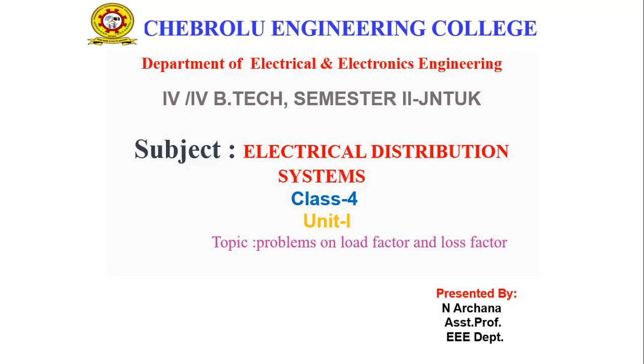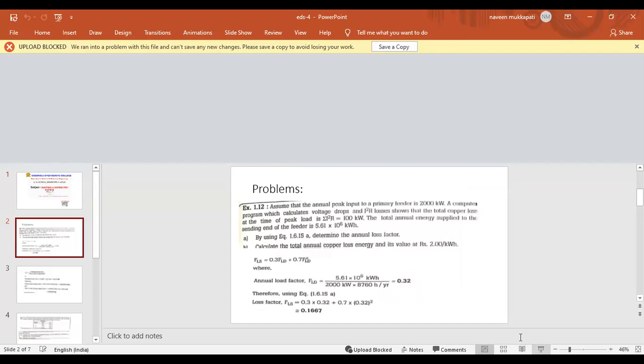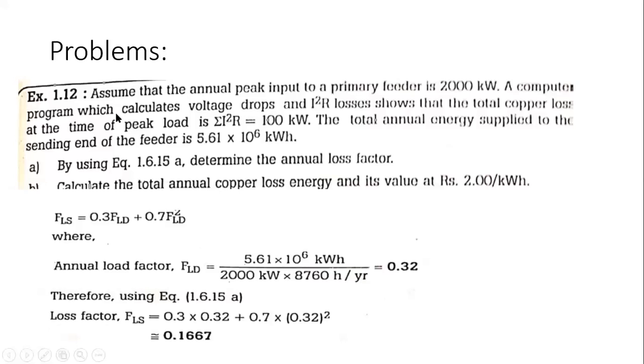Now in the present class we will solve some problems related to the load factor and the loss factor. In the first problem, assume that the annual peak input to a primary feeder is 2000 kilowatts.